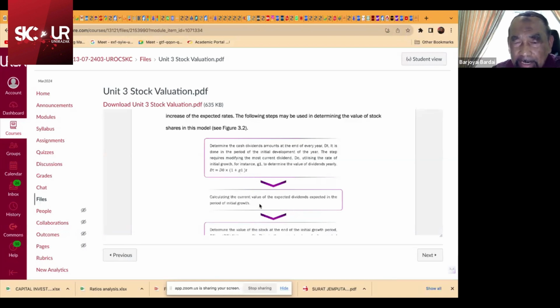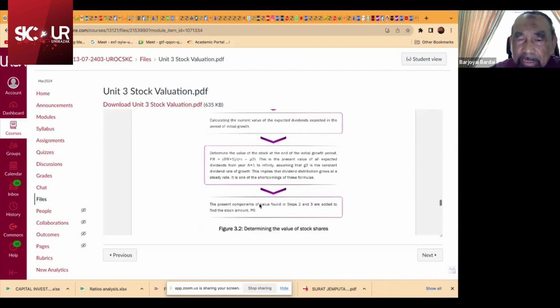Then we calculate the present value of the expected dividends in the period of initial growth, and then we determine the value of the share at the end of the initial growth period, which is Pn equals Dn plus 1 divided by Rs minus G2.